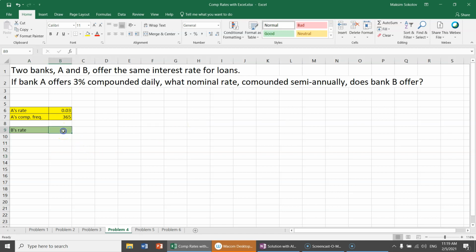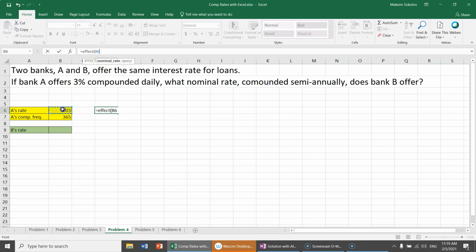Excel does this calculation in 2 steps. First, we need to find the effective rate using Excel, and then we'll be using the effective rate to find that new nominal rate. So in Excel, we have to find the effective rate first. To do so, let's do it in cell D6. We will use the function effect. This function effect first asks for the nominal rate, which is known.